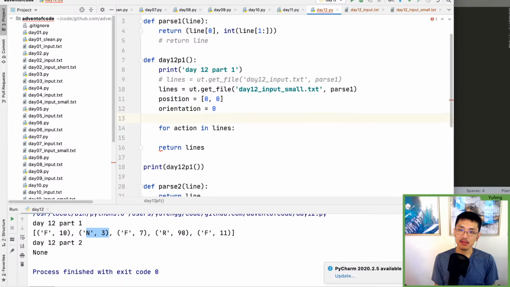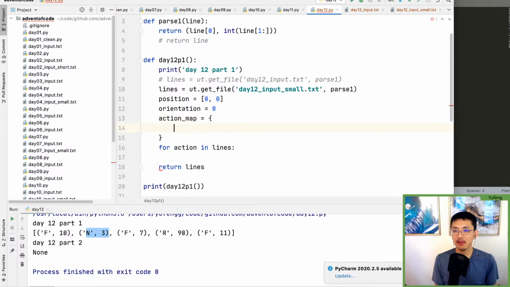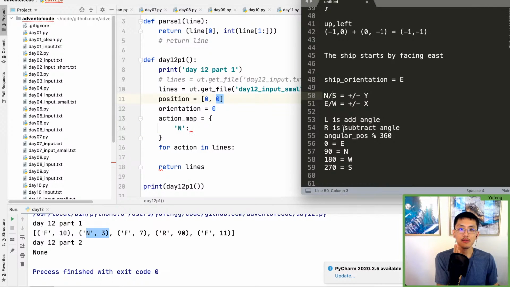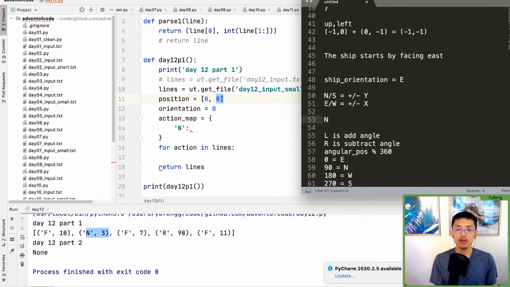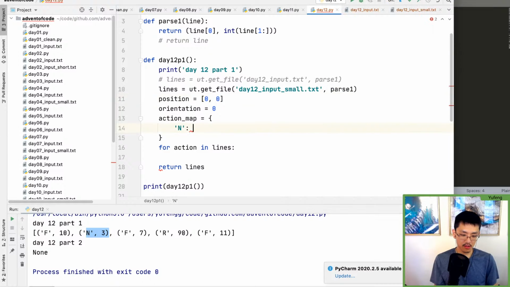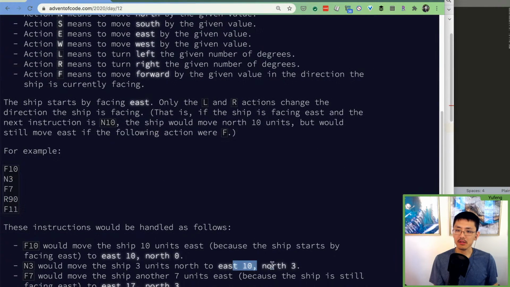So what I'm thinking is this is like an action map, let's call it. And when it says north, what I want is for it to return, so north increases our y value, right? North is 1, 0. It increases our y value, like we saw here.